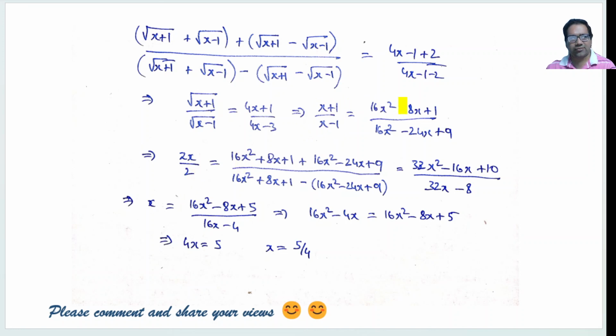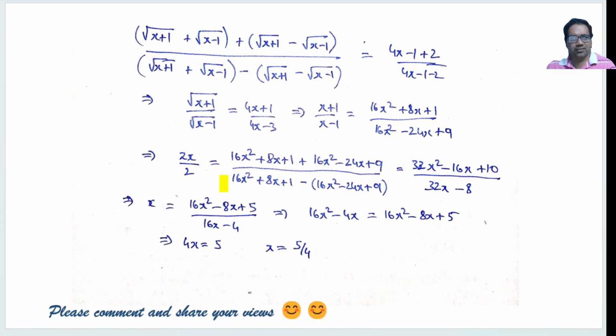This becomes 16x squared plus 8x plus 1 plus 16x squared minus 24x plus 9 in the numerator. The denominator is numerator minus denominator, right? 16x squared plus 8x plus 1 minus what is d? 16x squared minus 24x plus 9. 16 plus 16, 32x squared. 8 minus 24, minus 16. 1 plus 9, which is 10.